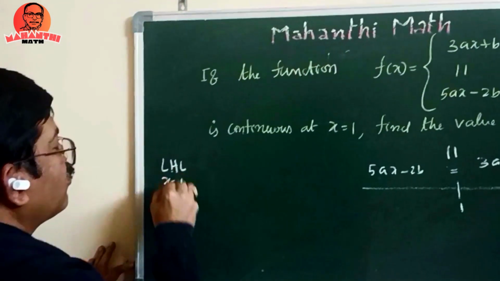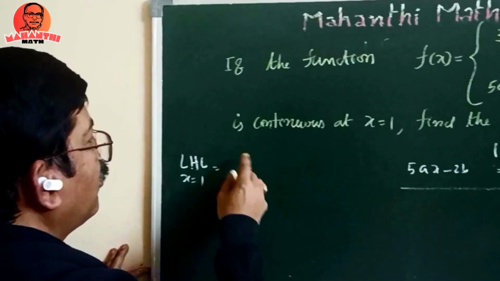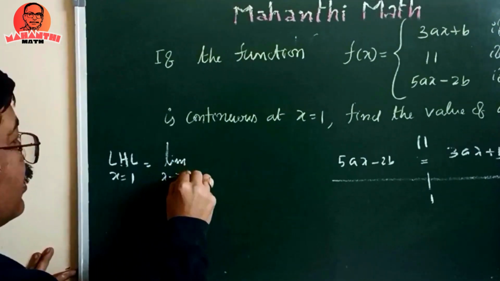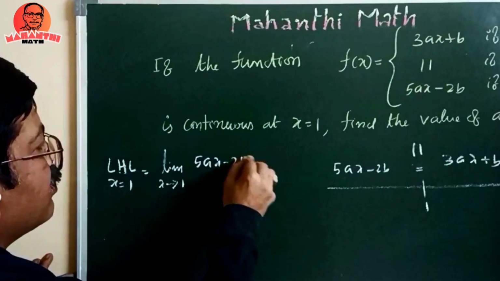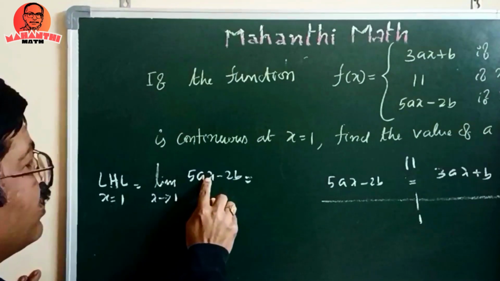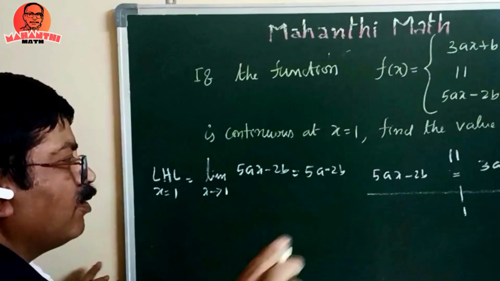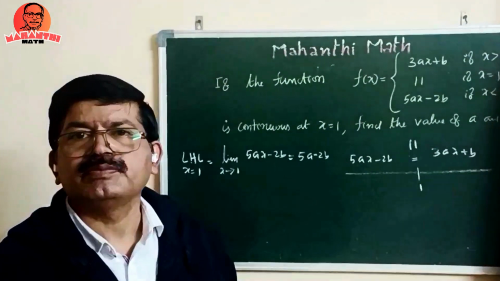LHL at x equal to 1 equal to limit, what is the function on the left hand side? 5ax minus 2b. Very simple. When you put x equal to 1, 5a minus 2b. Then some students, what they are doing, with LHL they are writing x.